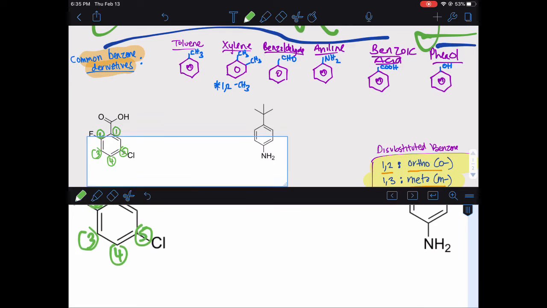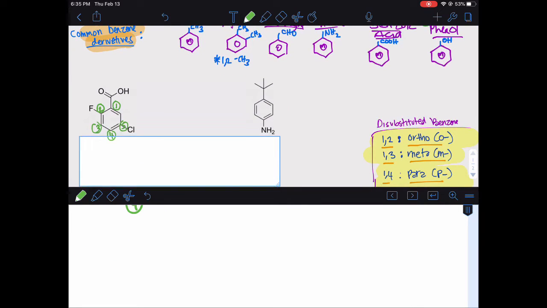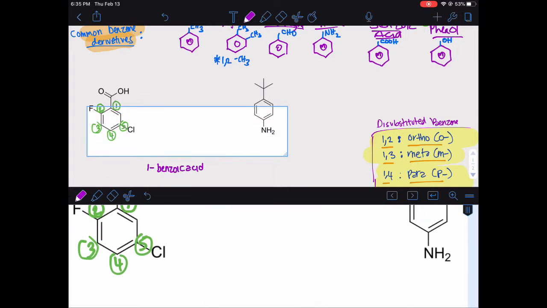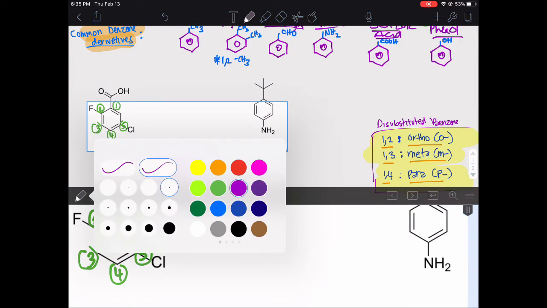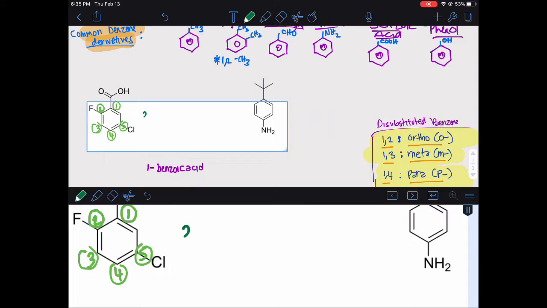so the first thing you want to do is get down the name of your derivative. In this case, we have a 1-benzoic acid. Okay, and then I would suggest that off to the side you put the substituents. We have a 2-fluoro and then a 5-chloro.